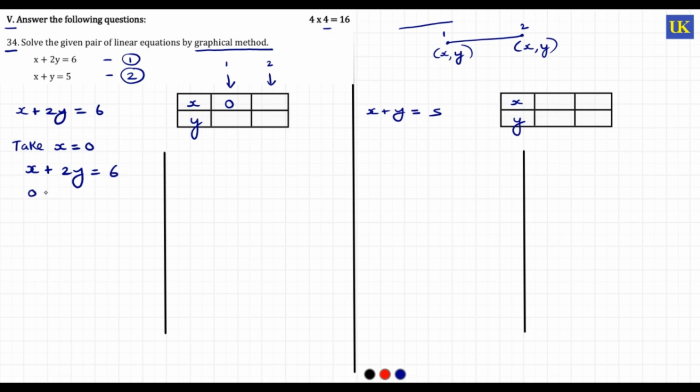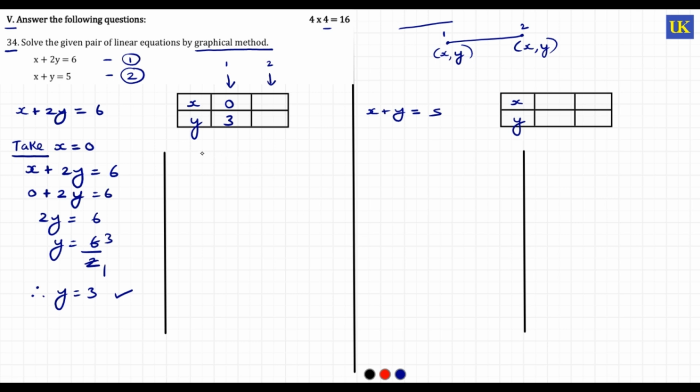So 0 plus 2y is equal to 6. x is already 0, leave it. So 2y is equal to 6. So y is equal to 6 by 2, and 2 threes are 6. So the value of y which the equation has given us is 3. So when we took x is equal to 0, the equation gave us y equal to 3.